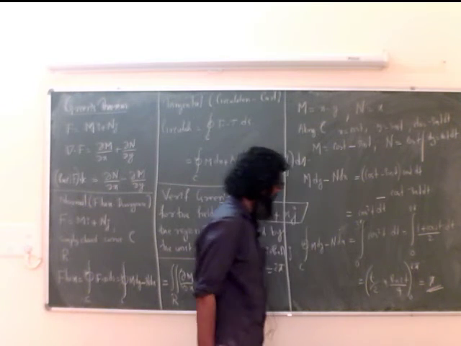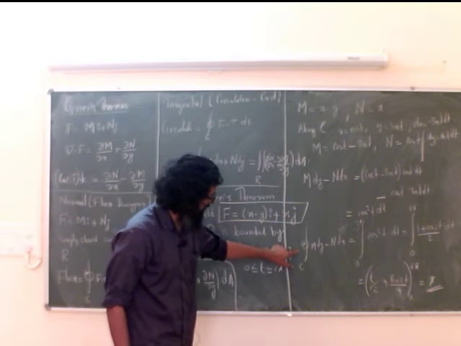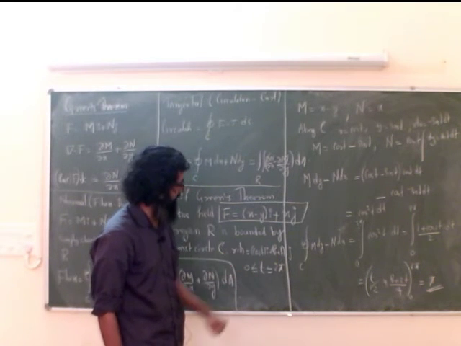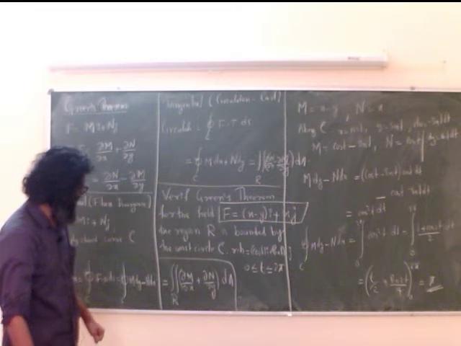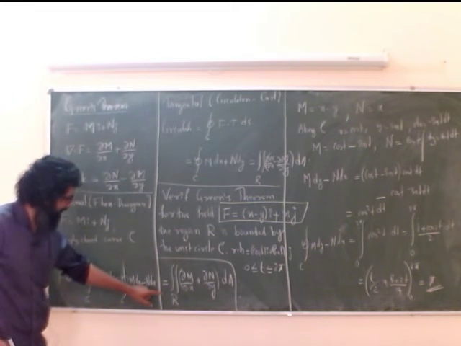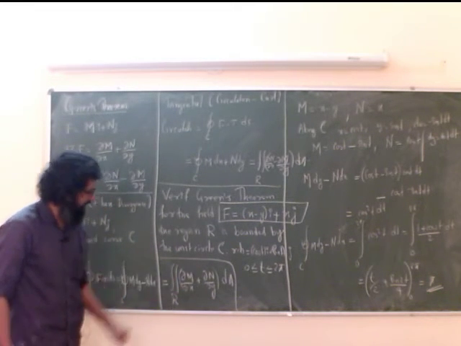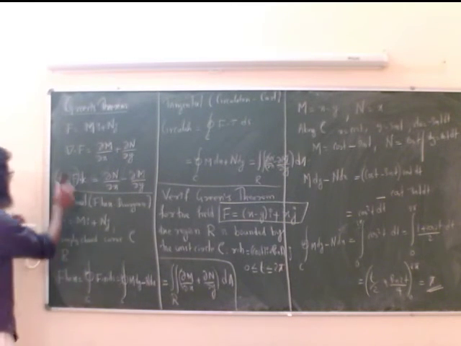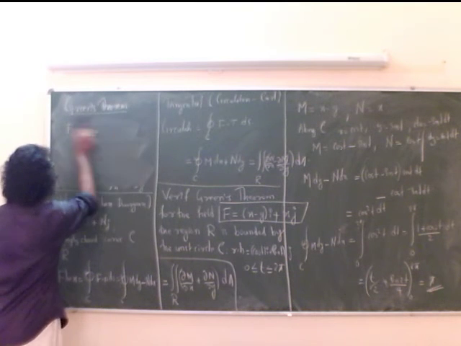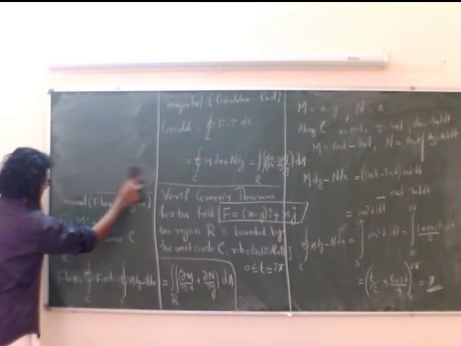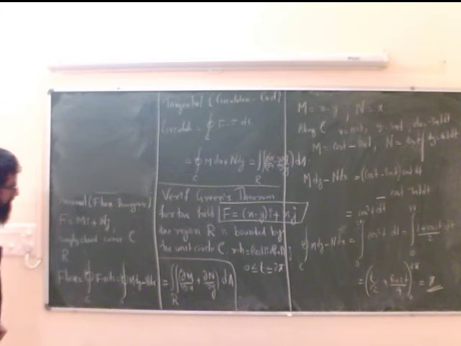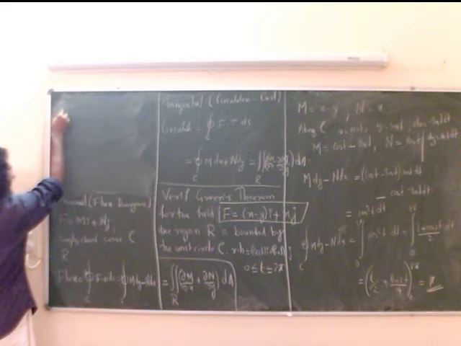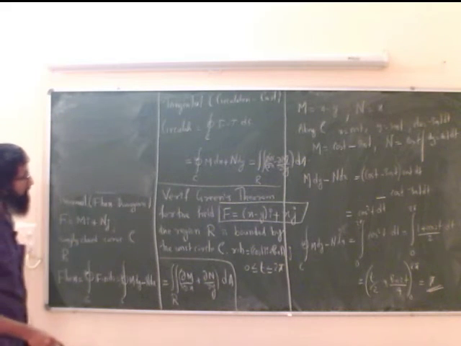So when I evaluate the line integral, I am getting the integral of m dy minus n dx equal to pi. Now let me go for the other part of Green's theorem, that is the double integral over R of dou m by dou x plus dou n by dou y dA, and let's see that is also the same as pi.